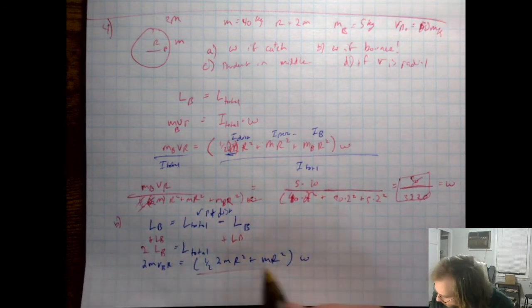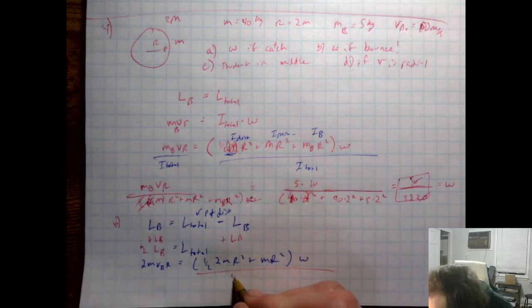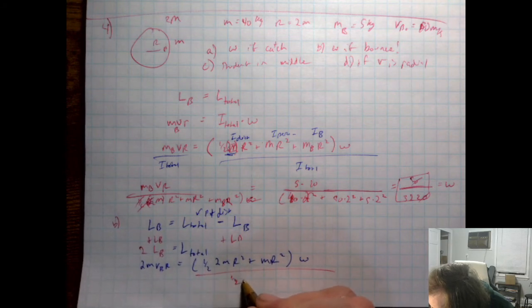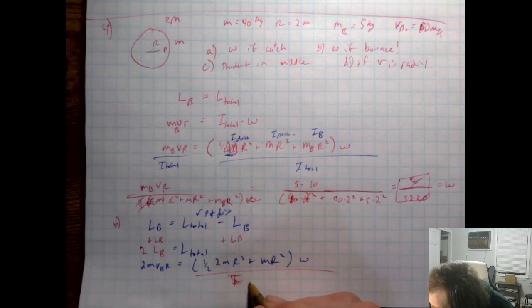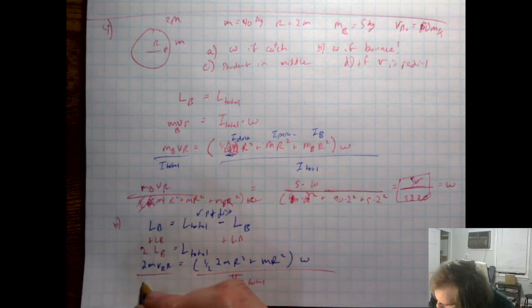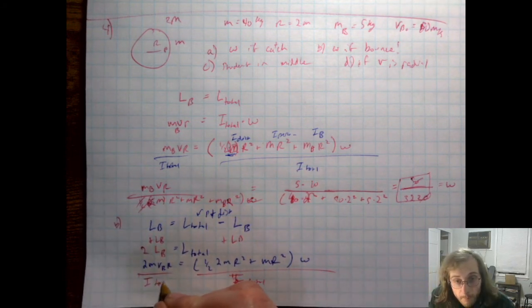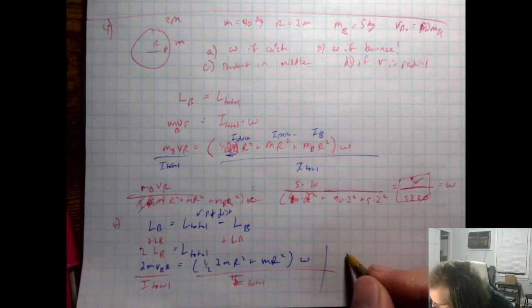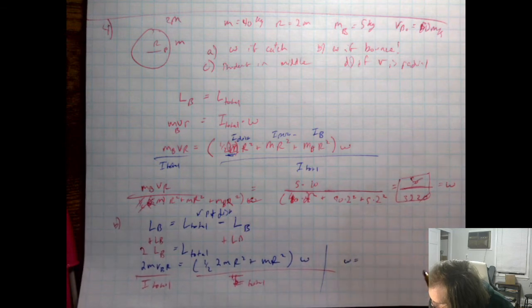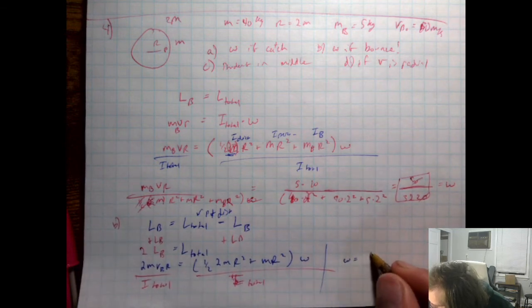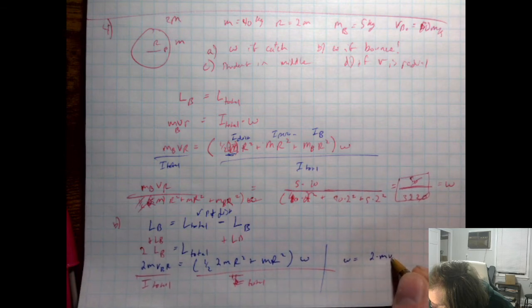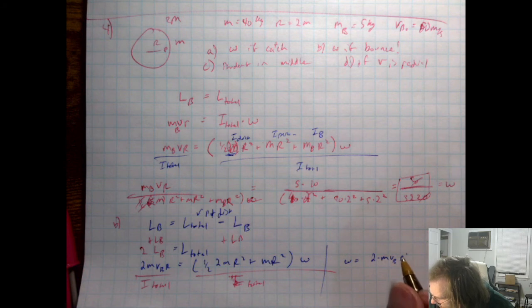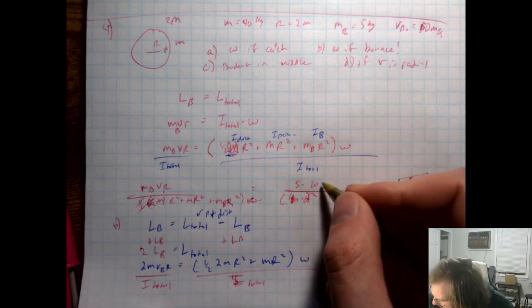And now we can just divide. I'm going to divide by I again, just so I don't have to write out as much stuff. Unfortunately for this one, we don't get a nice, easy linear relationship between these 2 things. Our omega will equal 2 m_B v_B r. Oh, I forgot the r in the last one.